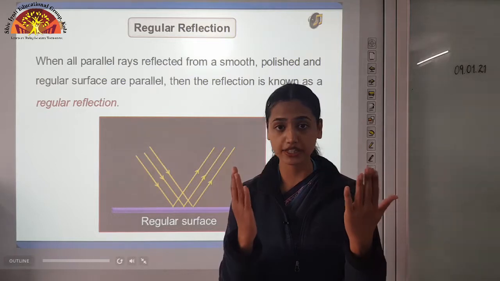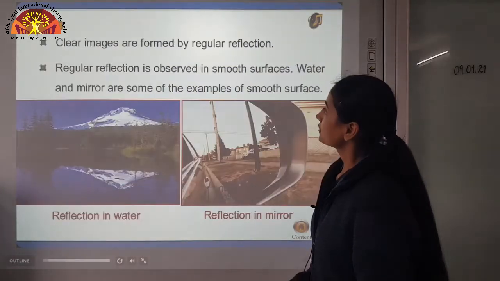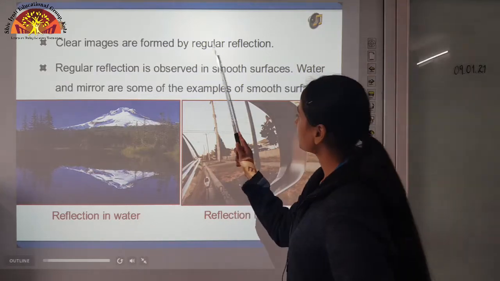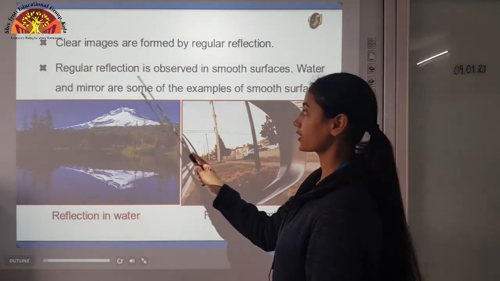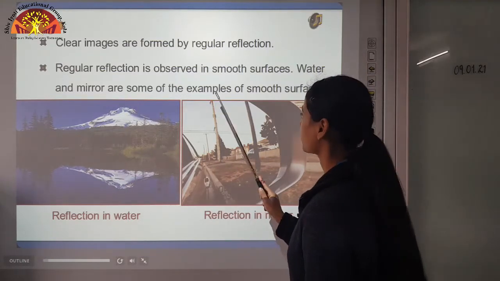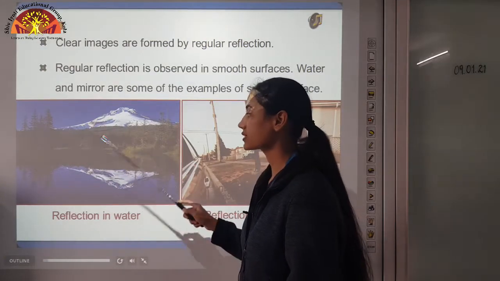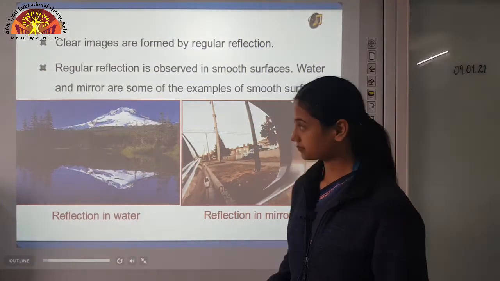We can see the image of our face in the plate. Clear images are formed by regular reflection. Regular reflection is observed in smooth surfaces. Water and mirror are some of the examples of smooth surfaces. That's why we are able to see the reflection of the objects in the water body.